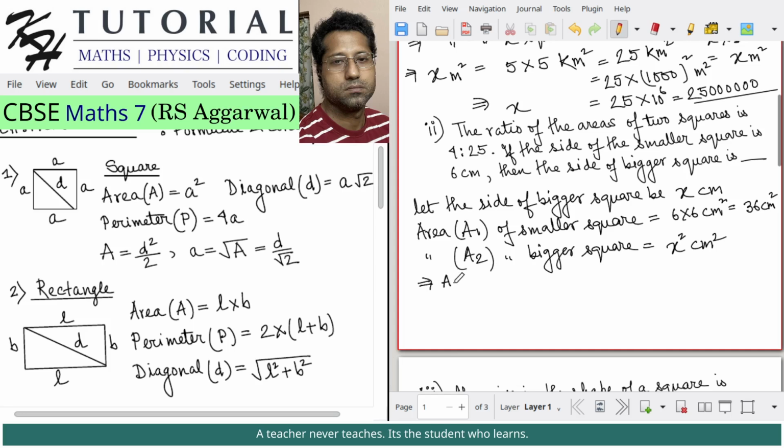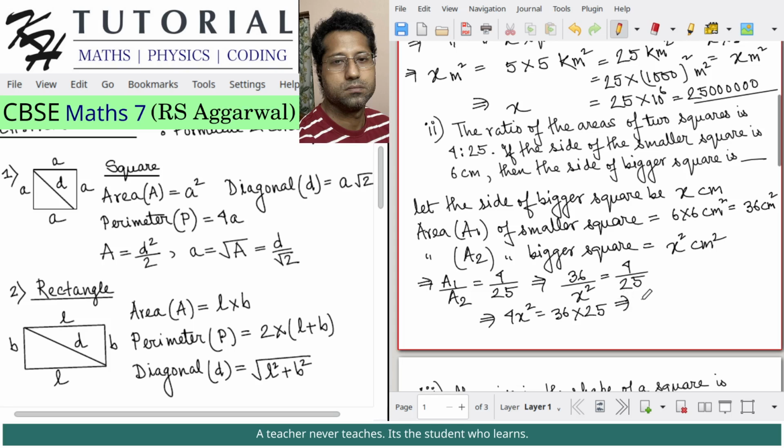Now this implies the ratio of the area of smaller square to bigger square is 4:25. So we must have A1 by A2 is equal to 4/25. So this implies 36 by x square should be equal to 4/25. So from here, doing cross multiplication, we will get 4x square is equal to 36 multiplied by 25.